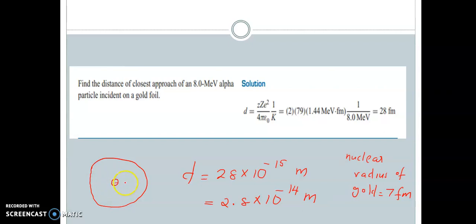So nuclear radius is very small, and D is inside the atomic radius but outside the nucleus. So we can say that the projectile is always outside the nuclear charge distribution, and the Rutherford scattering law was derived assuming that the projectile remains outside the nucleus.